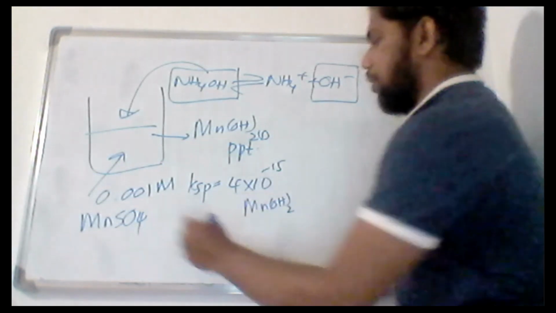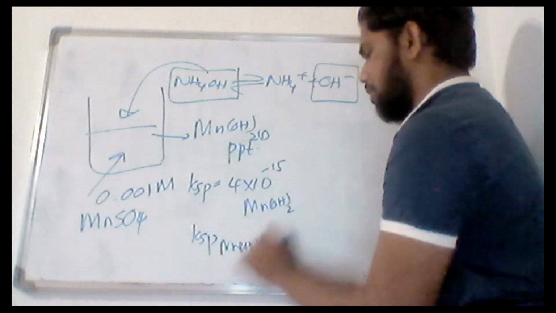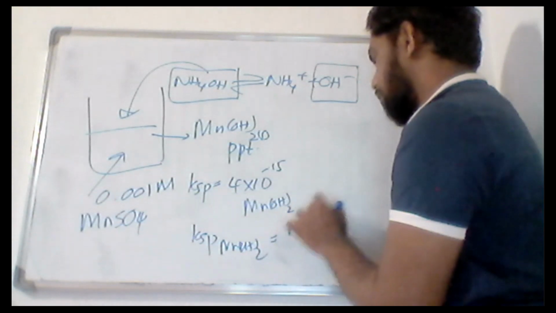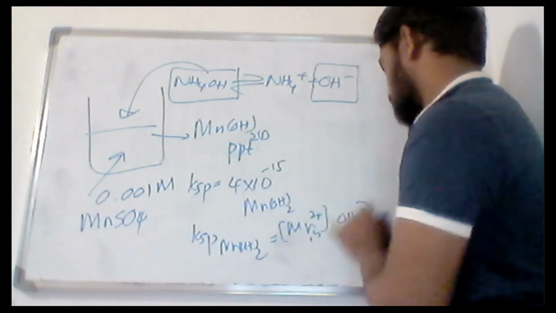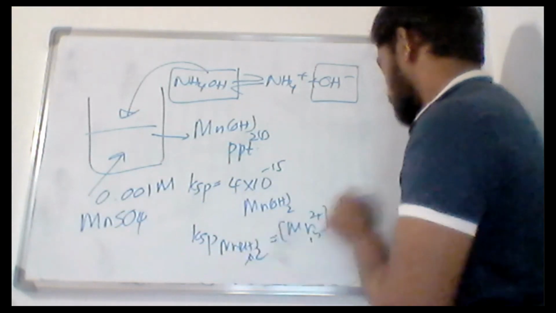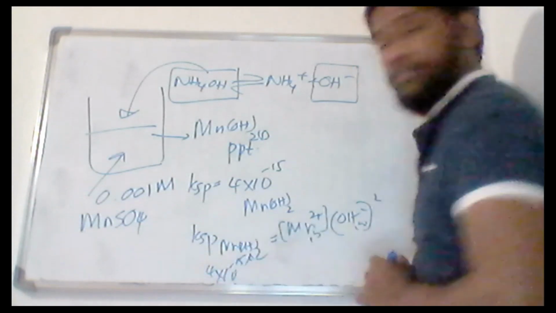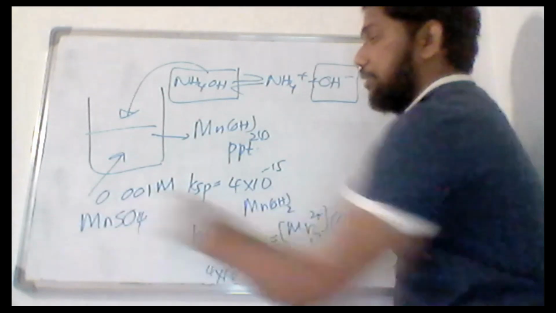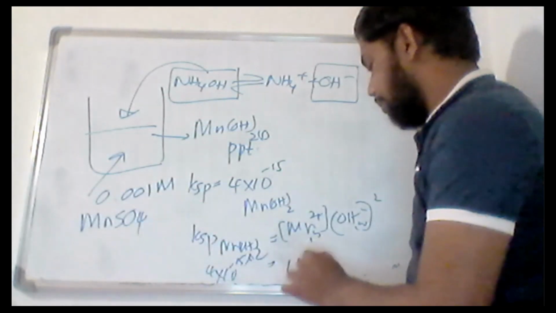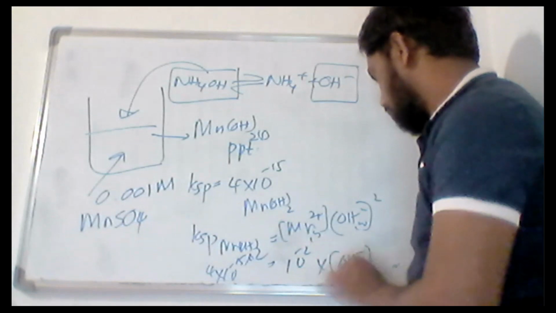So again, you can use Ksp of Mn(OH)2 is equal to the Mn2 plus concentration times the OH minus aqueous concentration to the power 2. You know this one, 4 into 10 to the power minus 15. And Mn2 plus, 0.001, means 10 to the power minus 3, times OH minus aqueous concentration to the power 2.